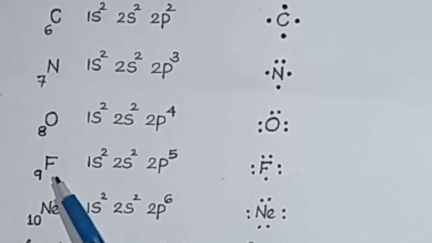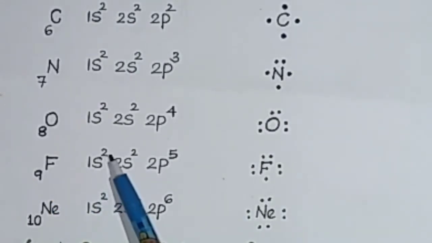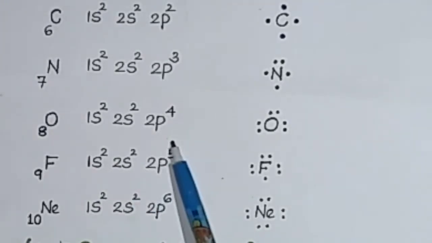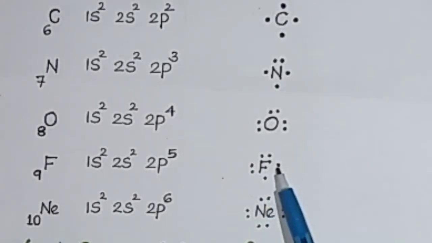Then next one, fluorine, atomic number 9, electronic configuration 1s2, 2s2, 2p5. The valence electrons are 2 in 2s and 5 in 2p, total 2 plus 5, 7 electrons. So first write the symbol F, then 7 dots.